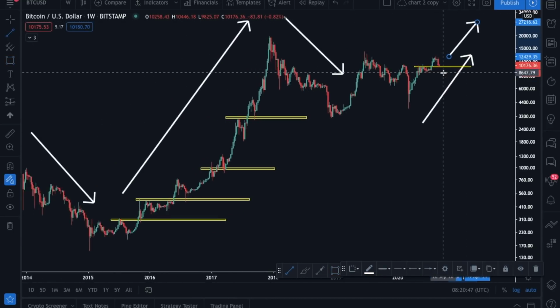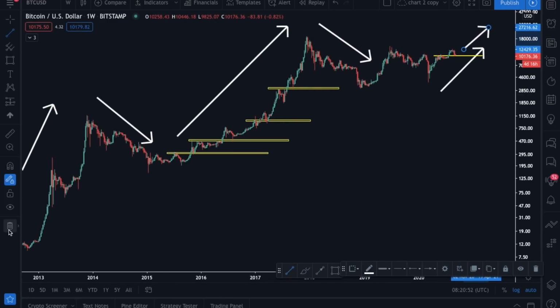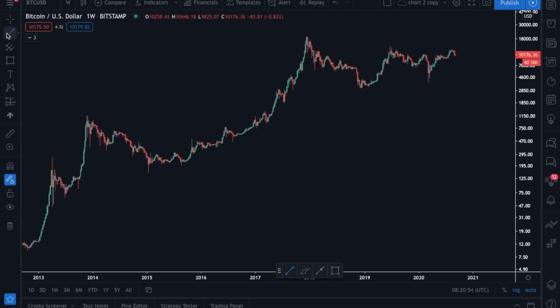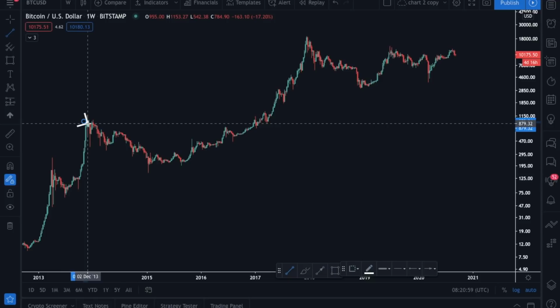So as you can see, in a weekly time frame, the price of Bitcoin is still very bullish. And if you want to look at this in a different scenario, no problem, because you can see here as well this peak here, the swing high from 2013, guys.